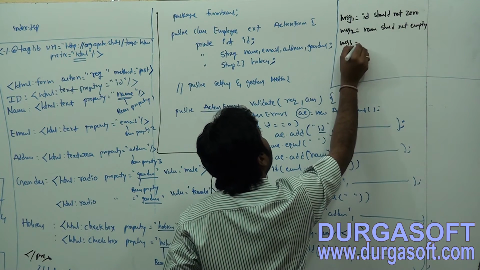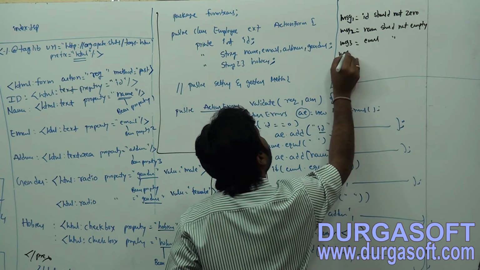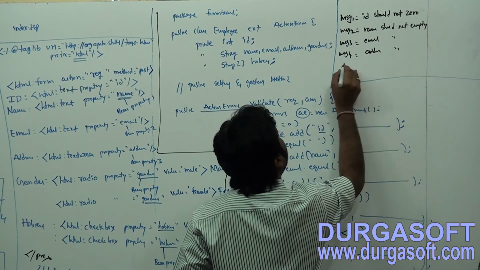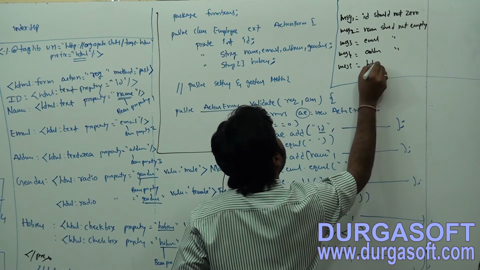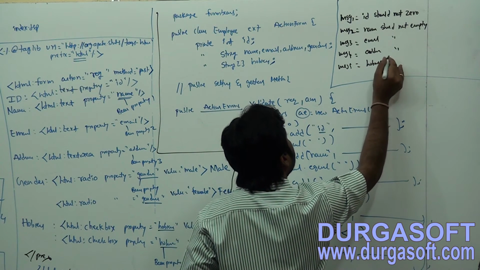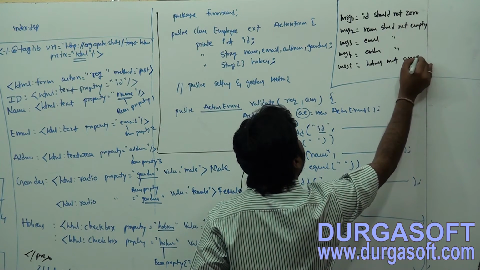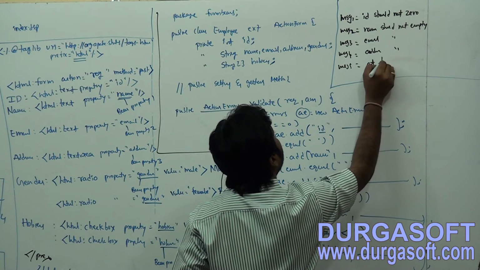Message 3: email should not be empty. Message 4: address should not be empty. Message 5 for hobbies: at least one hobby is required.